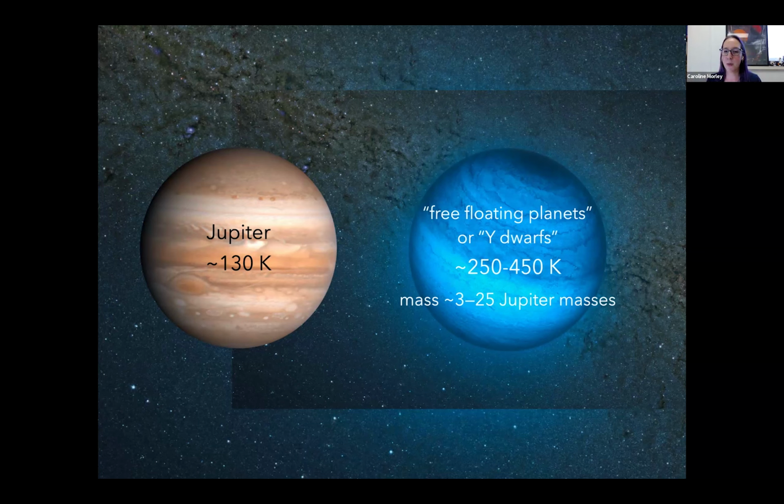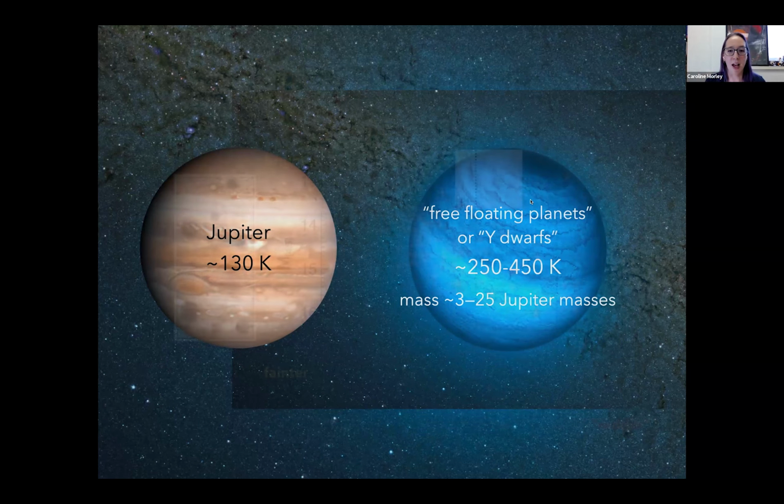And they have temperatures from about 250 to 450 Kelvin. So they're pretty cool objects, right? 250 Kelvin is colder than the Earth is. 450 Kelvin is just a little bit hotter than that, a couple hundred degrees hotter.